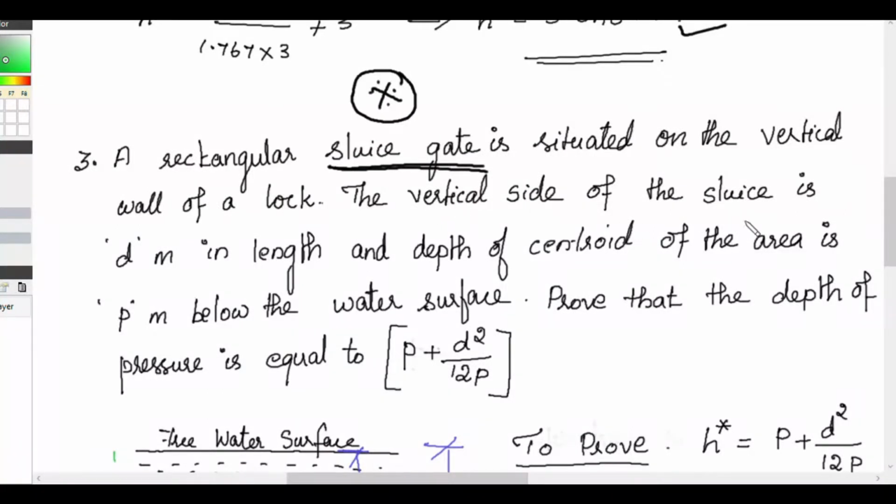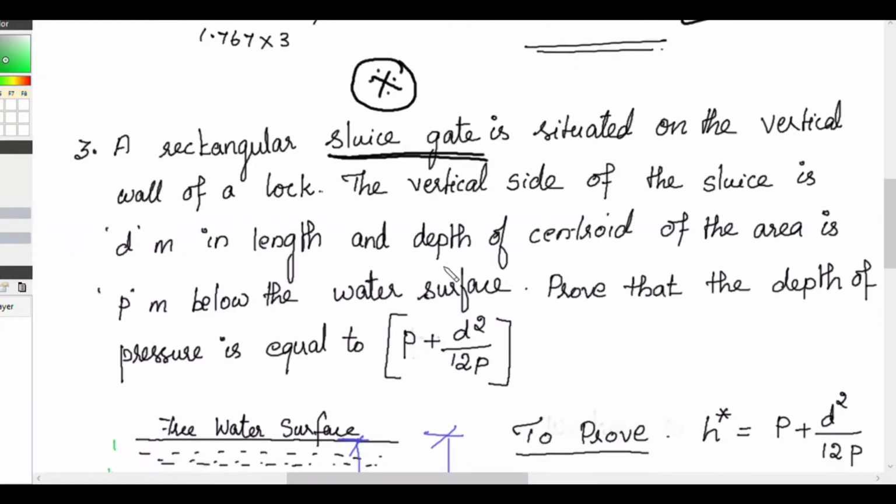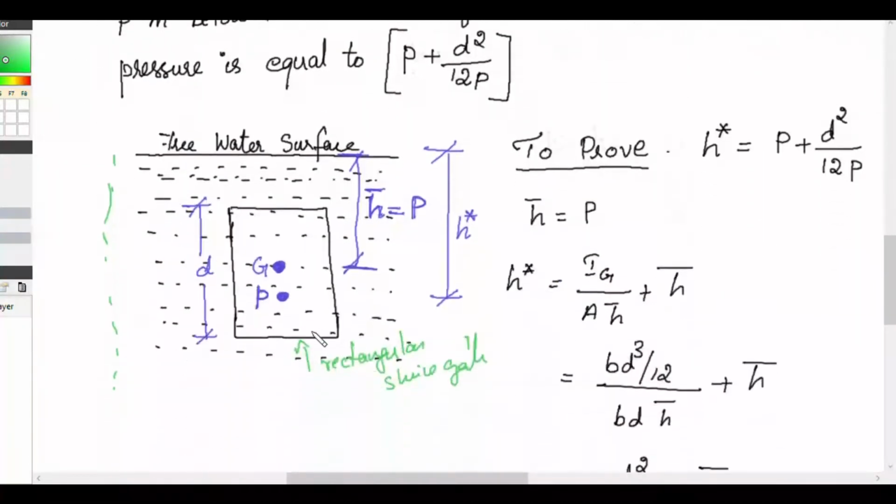The vertical side of the sluice is D meter in length and the depth of the centroid of the area is P meter below the water surface. So the vertical side of the sluice gate is D meter.